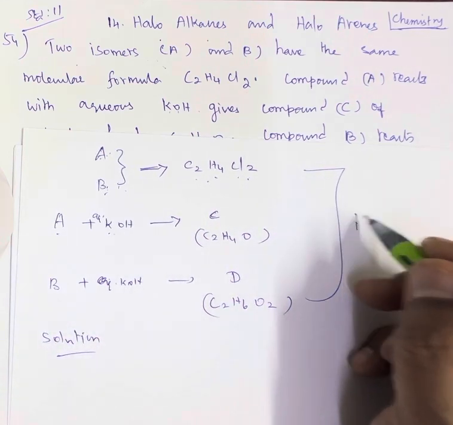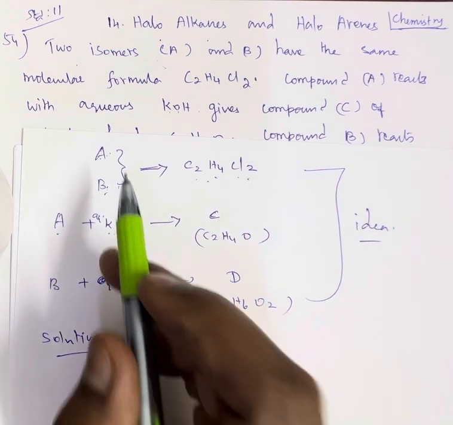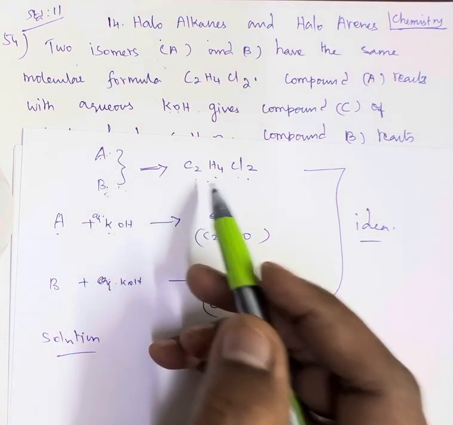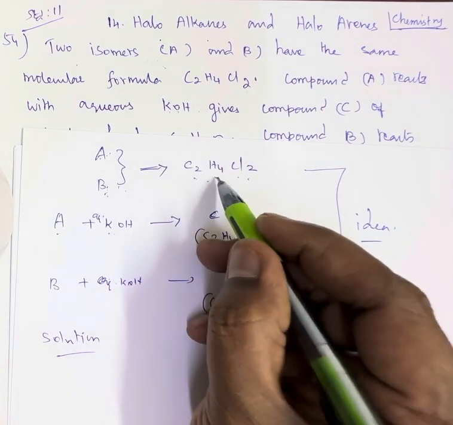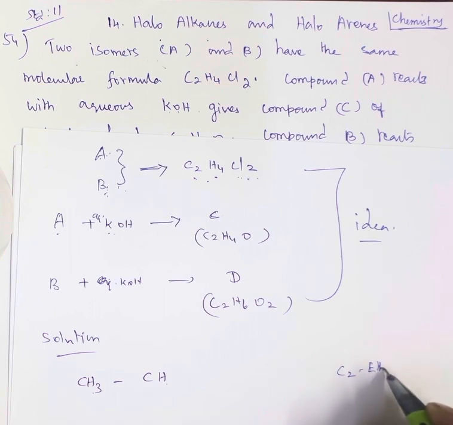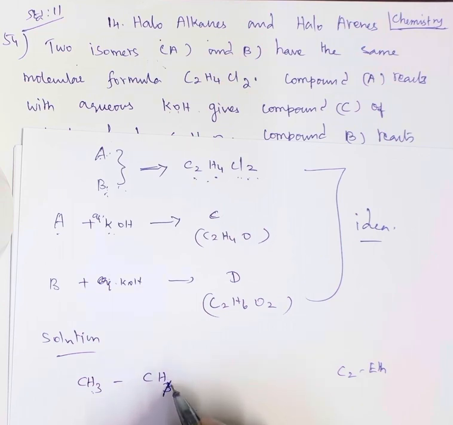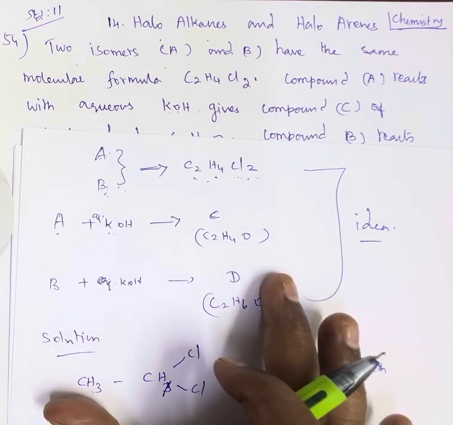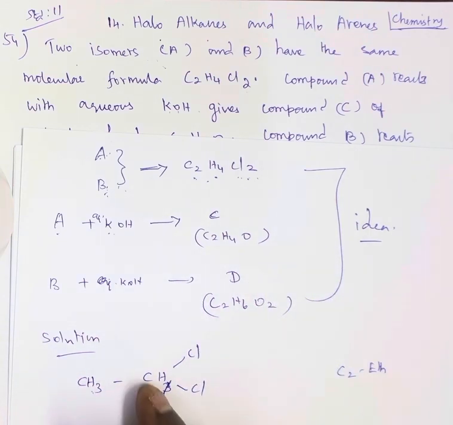Now we find the solution. This is our only idea. A and B are two isomers, so first we find out A. C2H4Cl2: C2 means eth, ethane, which means CH3, CH3.